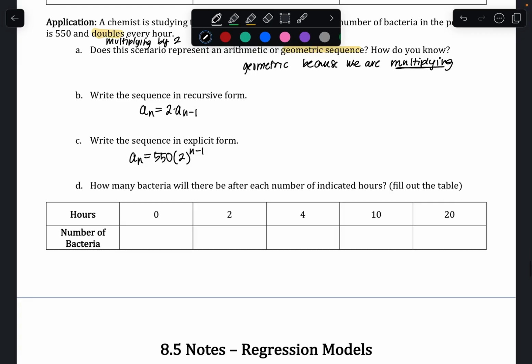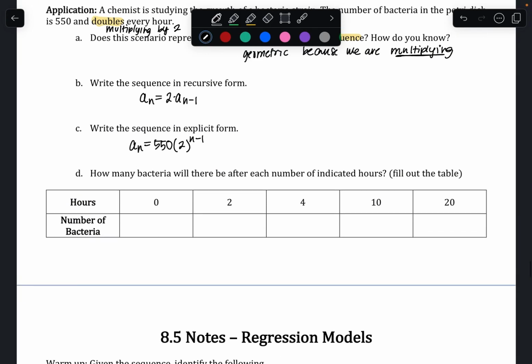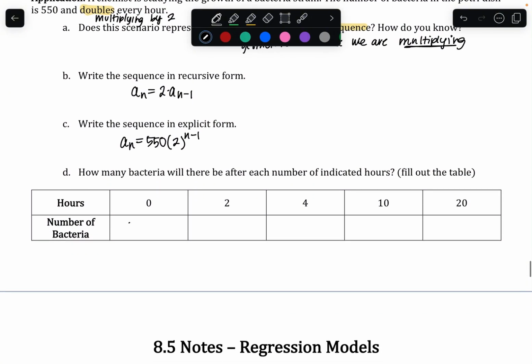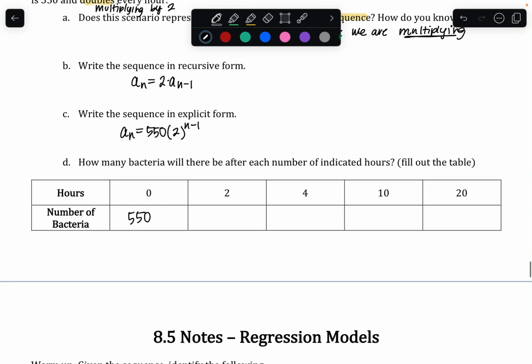Okay, so how many bacteria will there be after each number of indicated hours? And so here we're starting at 0. So after 0 hours, we still have 550. And then after 2 hours, this is actually an exponential situation. So we just keep multiplying it by 2 every hour.